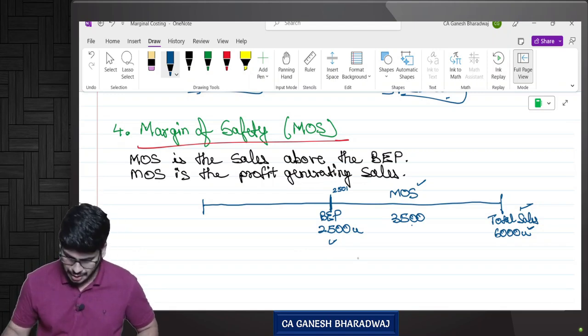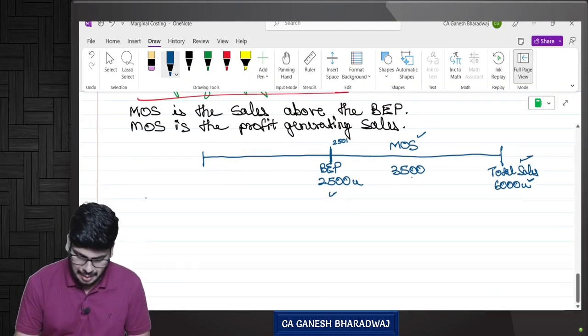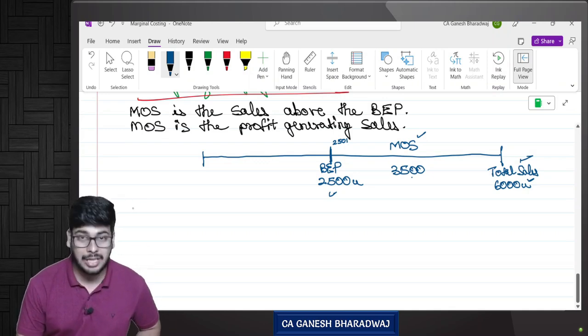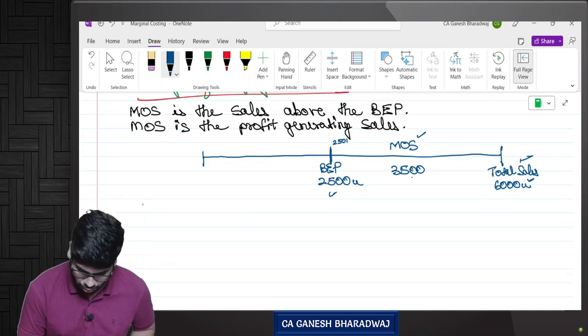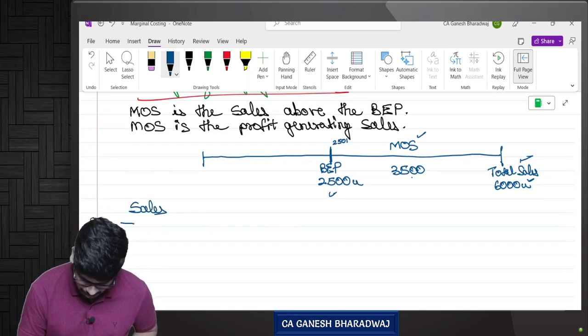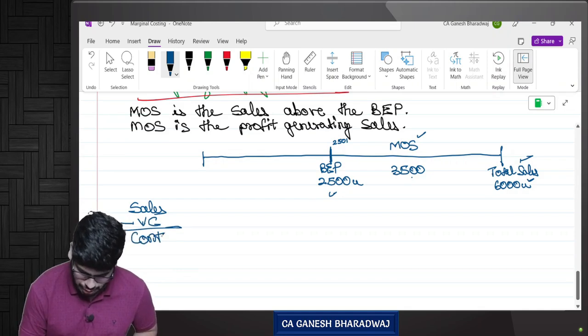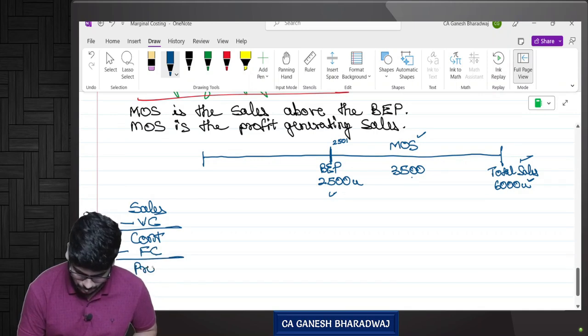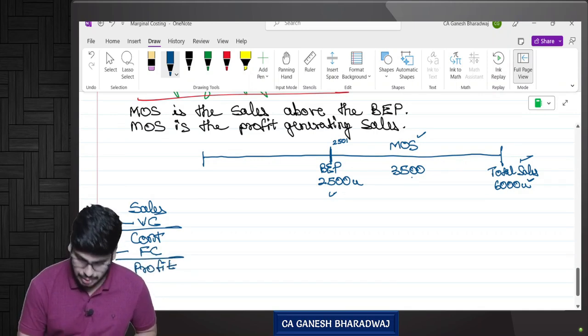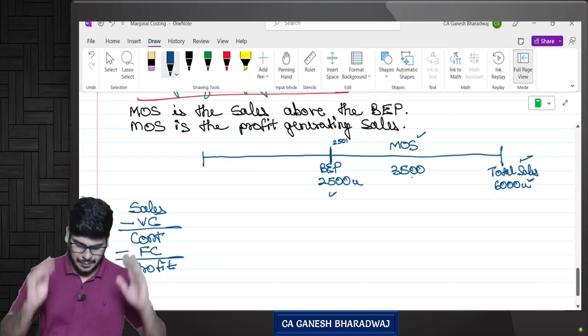So now what we can do is, let me just draw up the income statement, marginal costing income statement that we generally follow. Here, let's say sales minus variable cost gives us what? Get used to this. Contribution minus fixed cost gives us what? Profit, right? So let us fill in the figures.